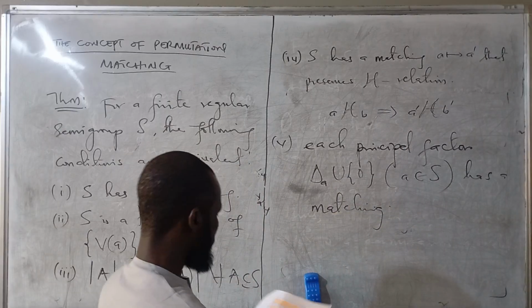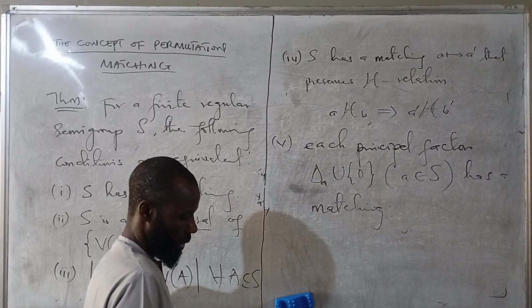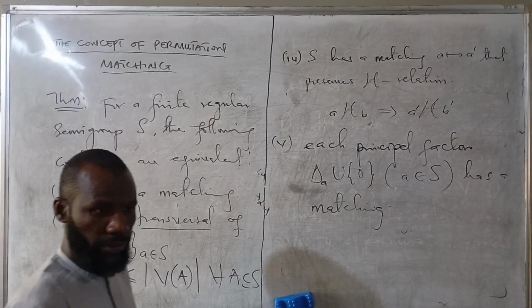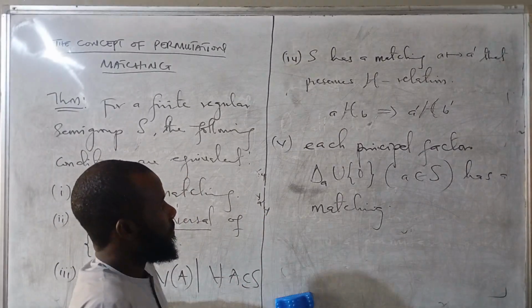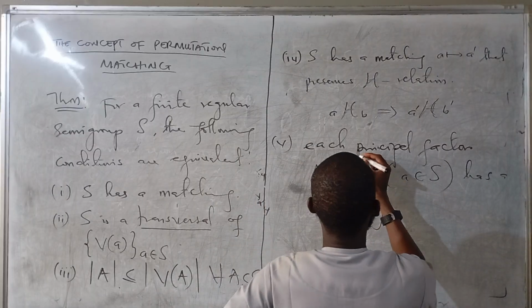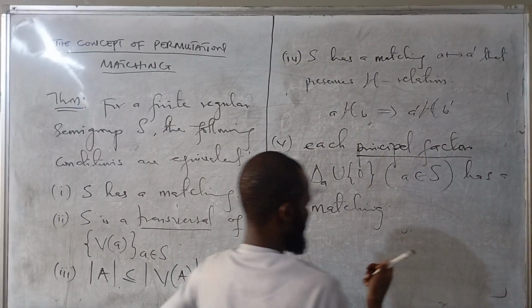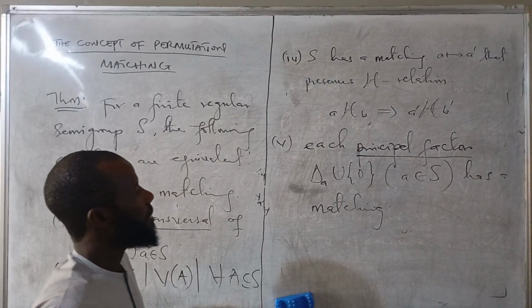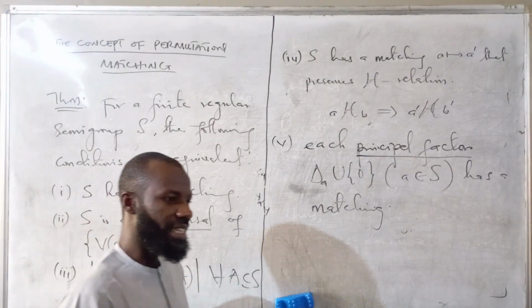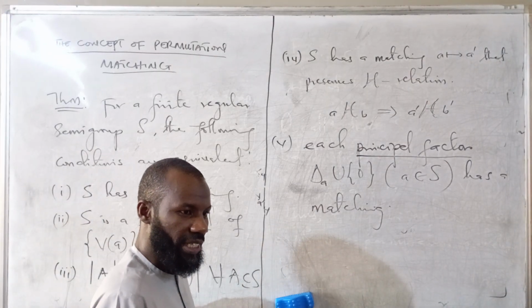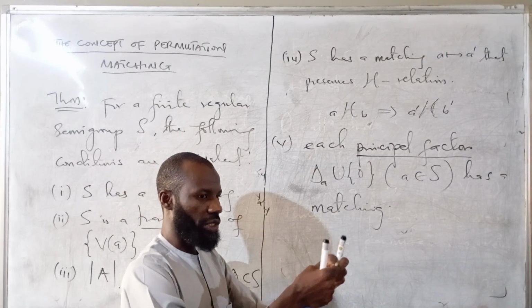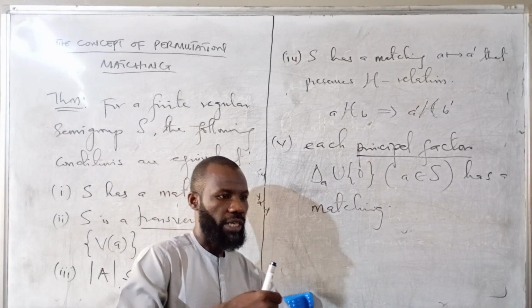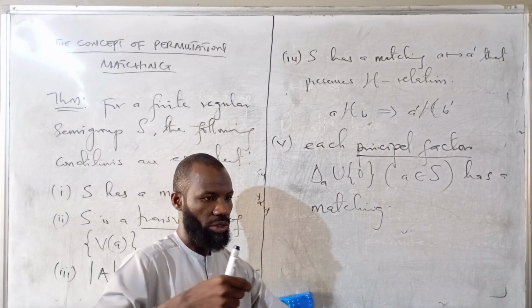And what does this mean now? What is a principal factor? The principal factor is talking about D classes. But you know, D classes are not necessarily closed under multiplication, because at times if you take two elements of a particular D class and multiply, the product will fall inside a different D class down somewhere.